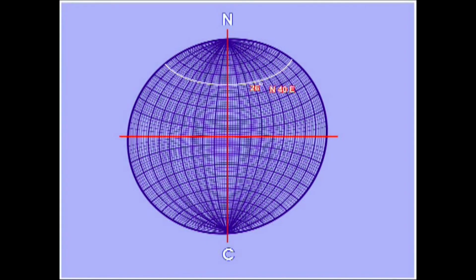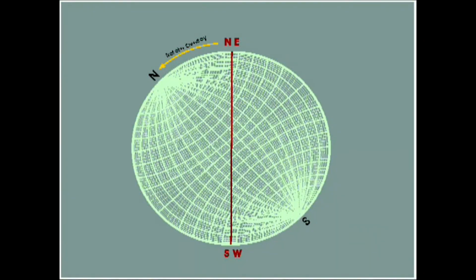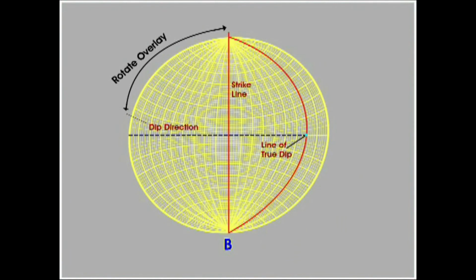On the stereographic projection, it is also possible to draw the stereographic projection of a plane when the orientation of two lines on it are given. The strike, true dip amount and true dip direction of a plane that passes through these two lines can easily be measured.